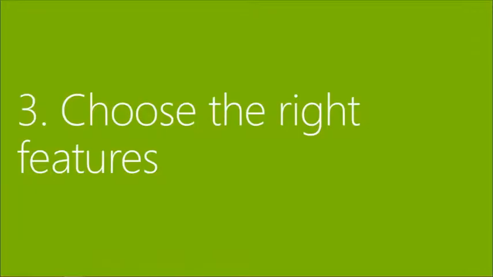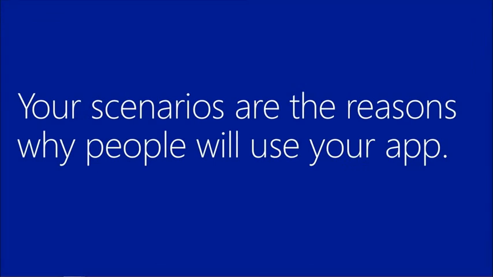Let's go to the next step of choosing the right features. Features are the supporting ones for the scenario, so how to get to the goal. These are the specific steps. It's good to think that the scenarios are the reasons why people will use your app. They don't think, oh, there's this beautiful button in the app, so I will install it.